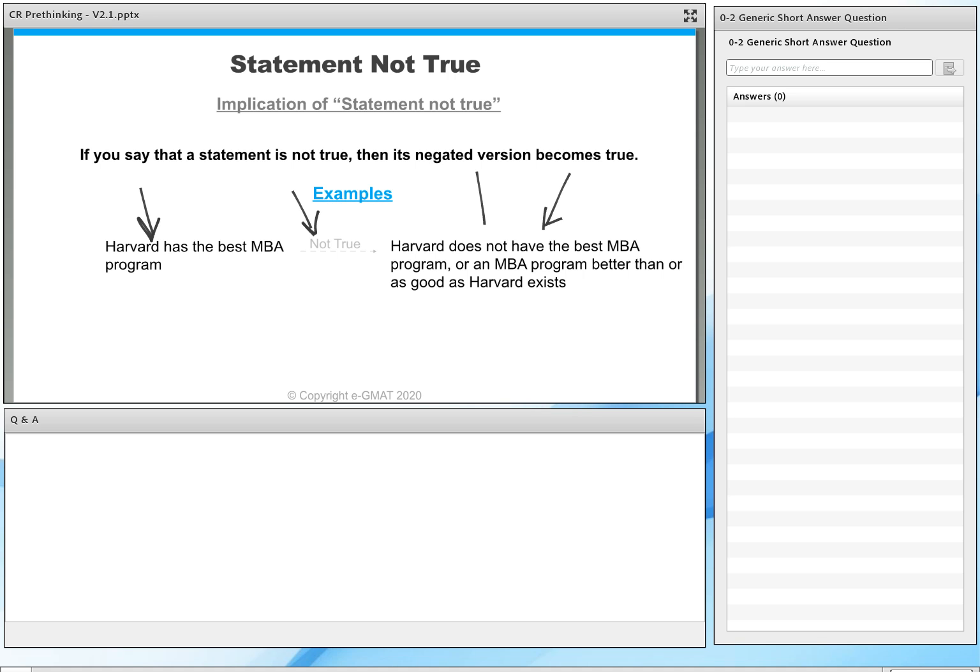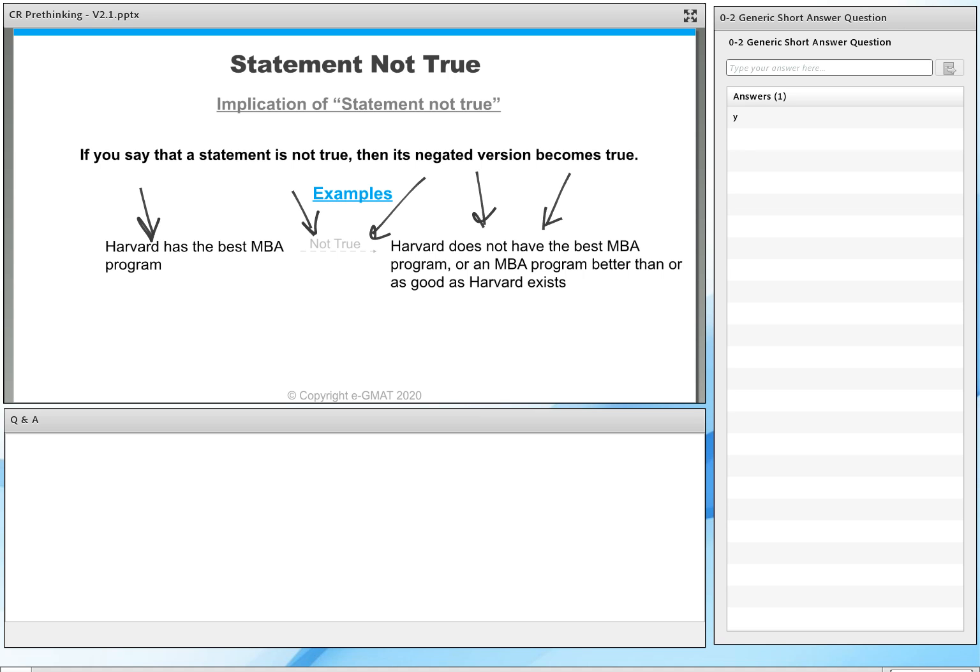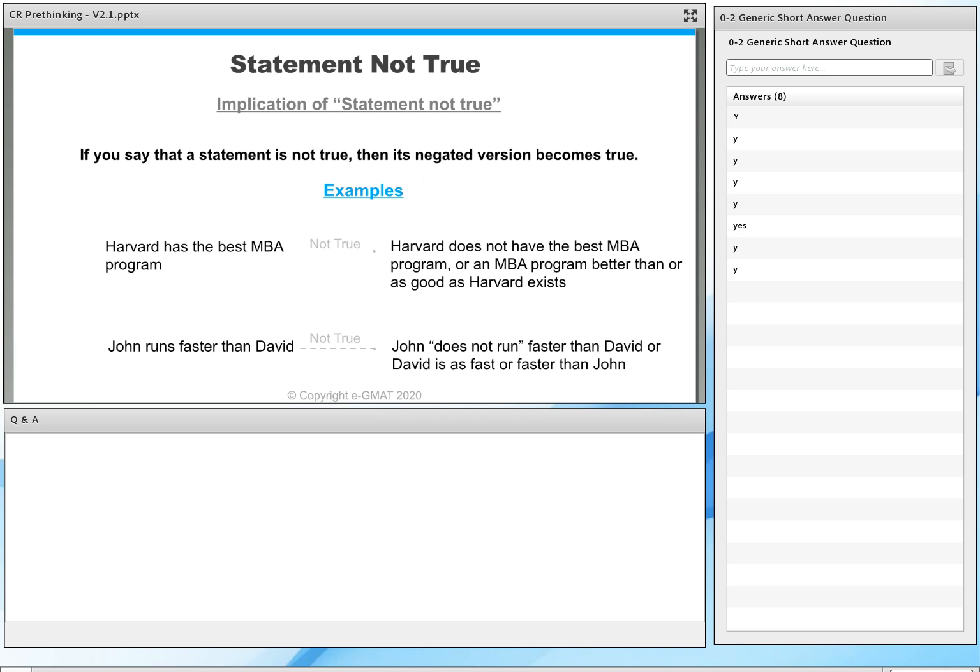Are you not automatically saying that if you're saying this is not true? Right? So when you say this is not true, then what you're automatically saying is the negated version is true, because otherwise you have no grounds to say that this is not true if you don't have that knowledge of that negated version. Okay. Similarly, let's take another simple statement.